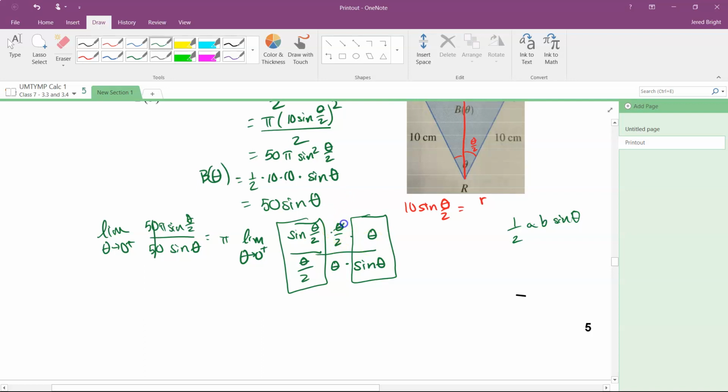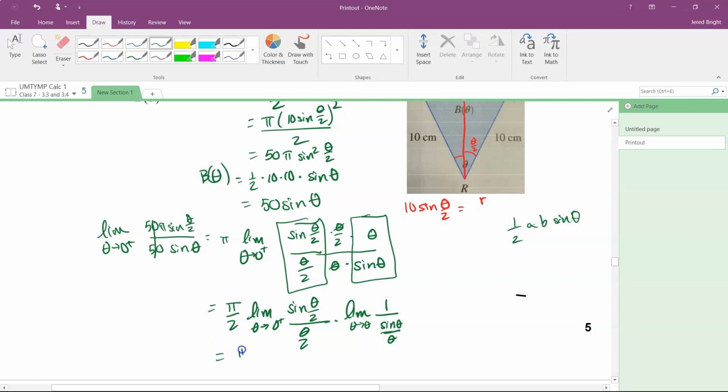But then for this part, the thetas would end up canceling, and you'd have another 1/2 out front, so it would look like pi over 2 limit as theta approaches 0 from the right side of sine of theta over 2 over theta over 2 times limit, and then if you were to rewrite this just a little differently, this could be envisioned as 1 over sine of theta over theta.